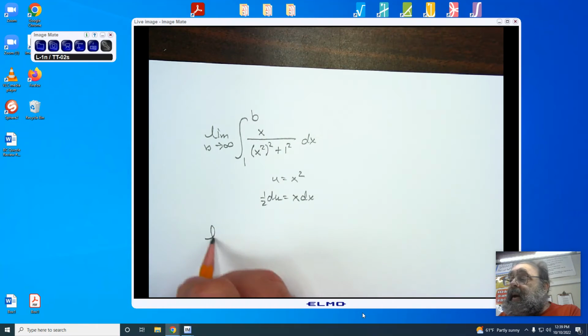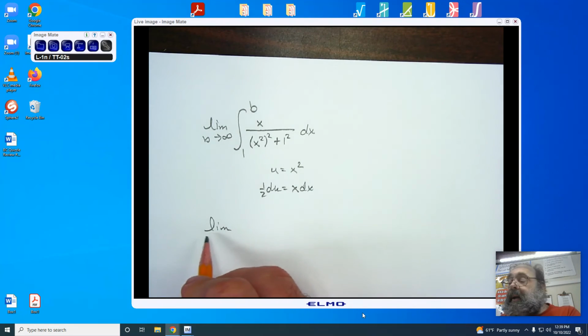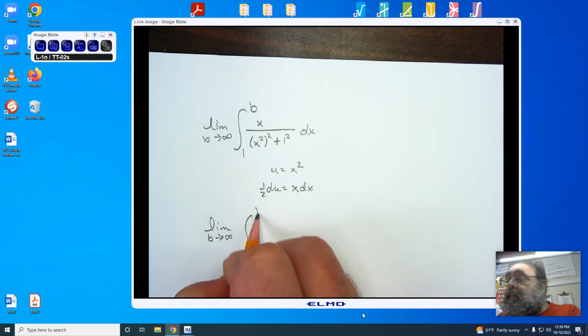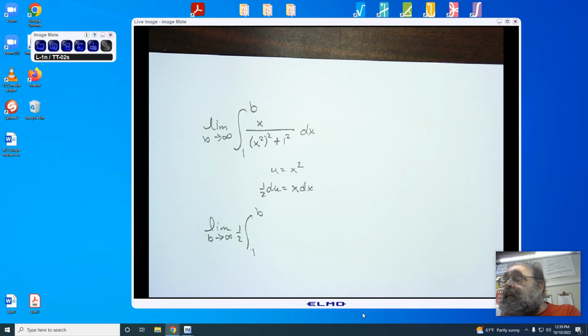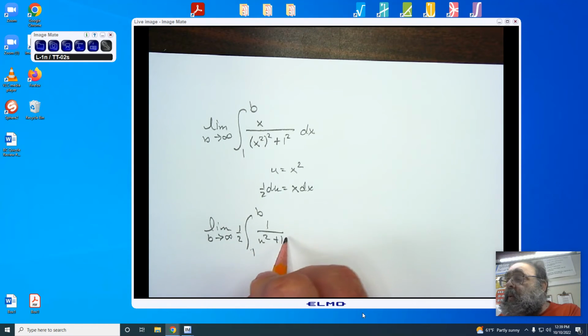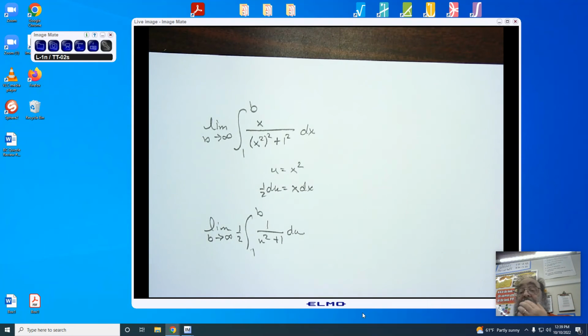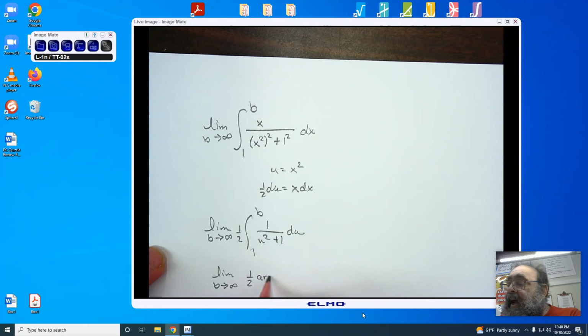So the limit as b approaches infinity from 1 to b, I'm going to put my 1/2 in front, and I'm looking at 1 over u squared plus 1 du, and that is arctangent. So I'm looking at the limit as b approaches infinity of 1/2 the arctan of x squared, going from 1 to b.